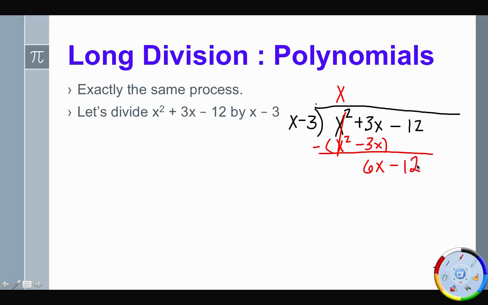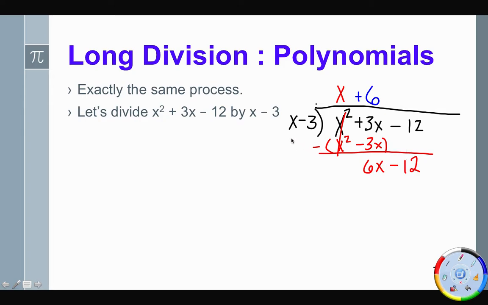So notice so far the process is the same. How many times does x go into x squared? It goes in there x times. We multiplied, and then we subtract. So the next step is to do the same thing. How many times does x go into 6x? Well, it goes in there 6 times.